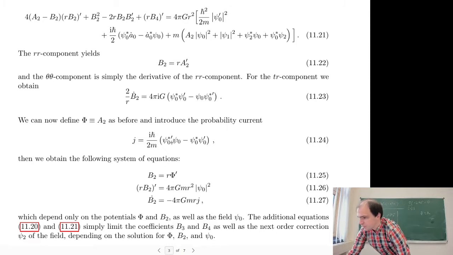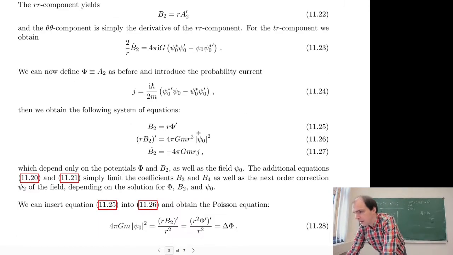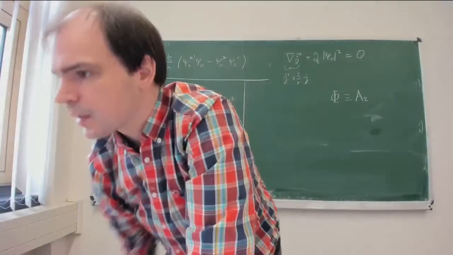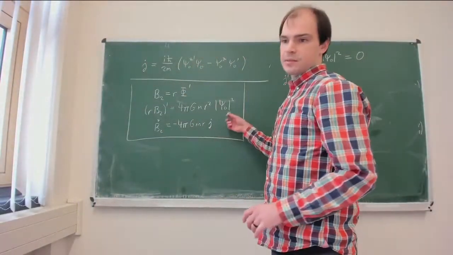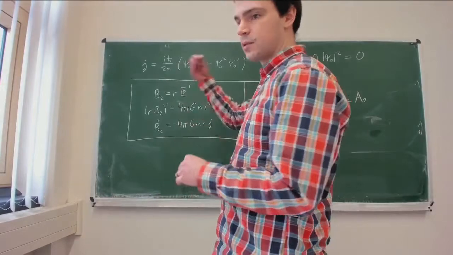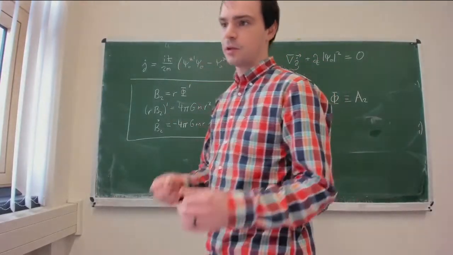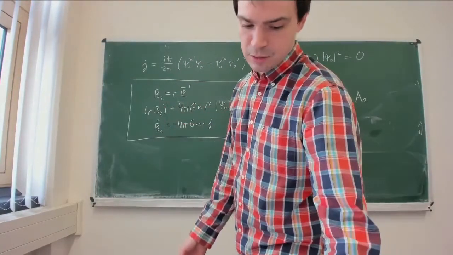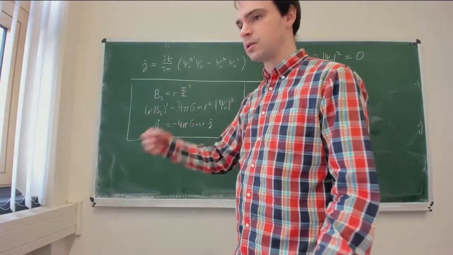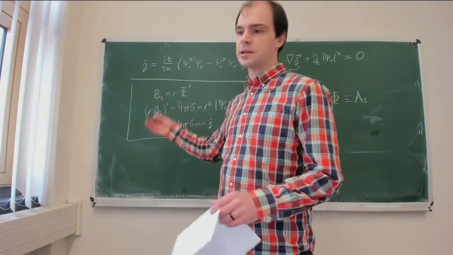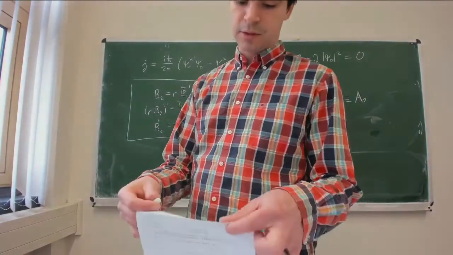And those are all the equations that we had. So we have this system of 3 equations plus these 2 equations that give us further constraints for the higher order terms, which we would need only if we went to terms of really higher order.